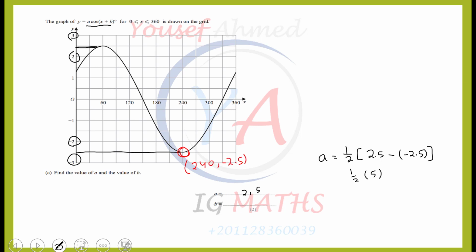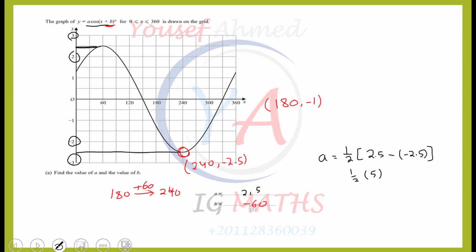Since this is related to x, I only care about the x coordinate. What was the original minimum point for the cosine? It was 180. So what happened to the x coordinate? 180 becomes 240 degrees. We just added 60. Since we added 60, we need to reverse the sign, so 60 will be written inside as negative 60.